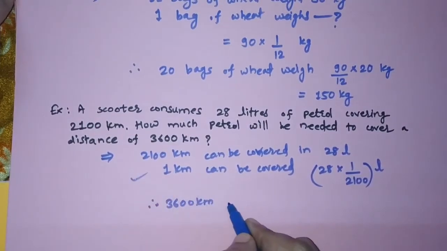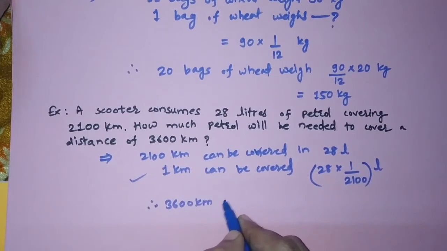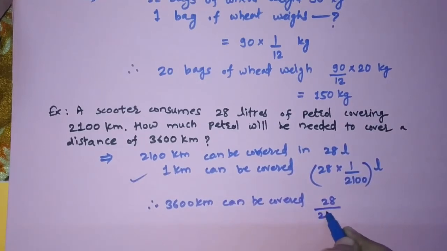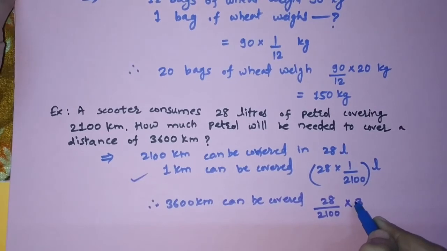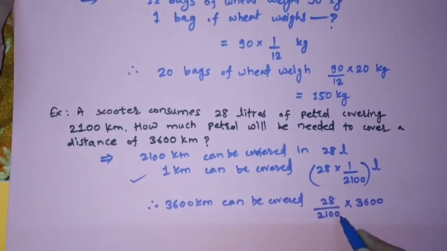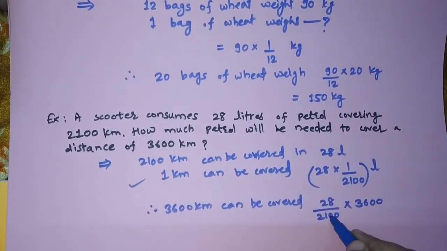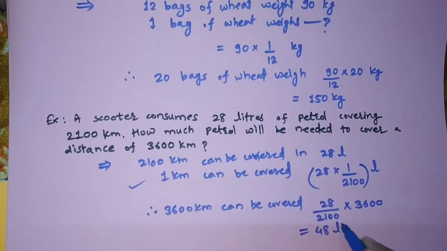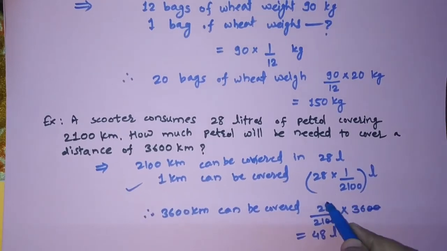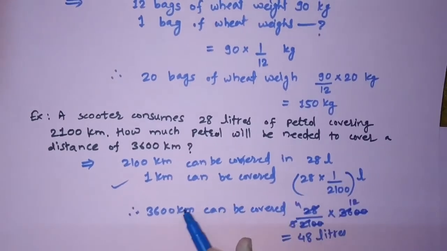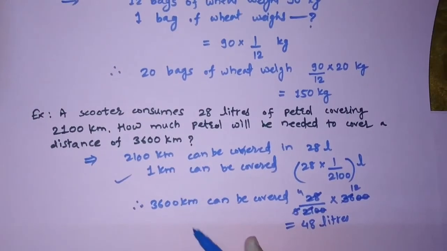We have got the unit, so now we multiply this 28 upon 2100 with 3600. The two zeros cut with the two zeros, 7 fours are 28, and 7 threes are 21. Cutting further, 12 fours are 48, so the answer is 48 liters. So the unitary method states that we first find the unit quantity and then the desired quantity.